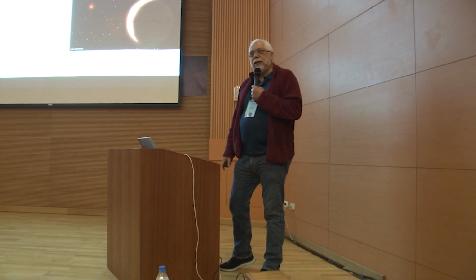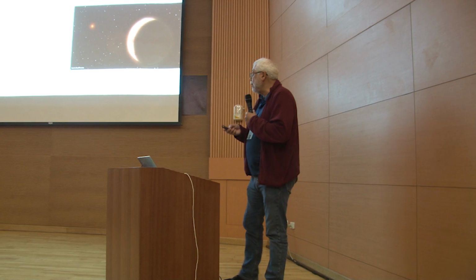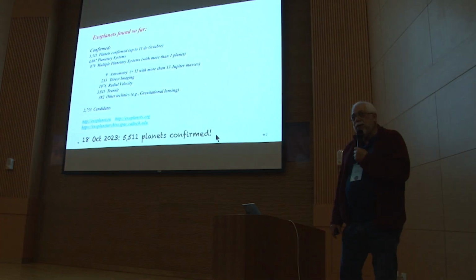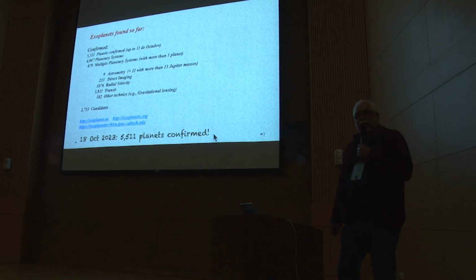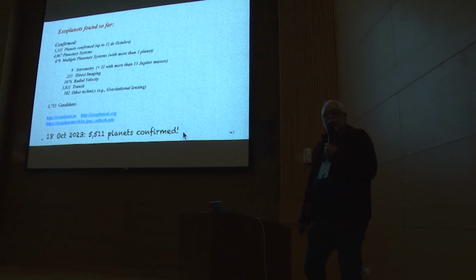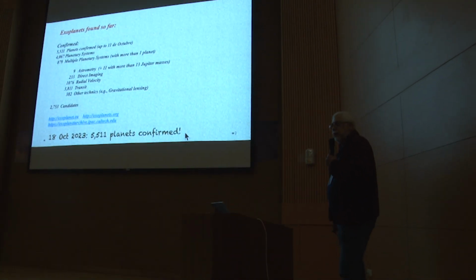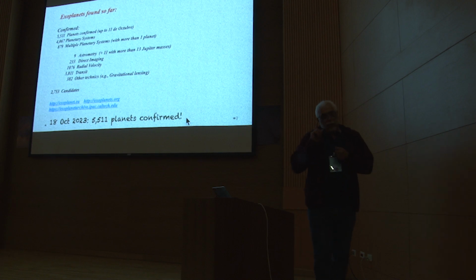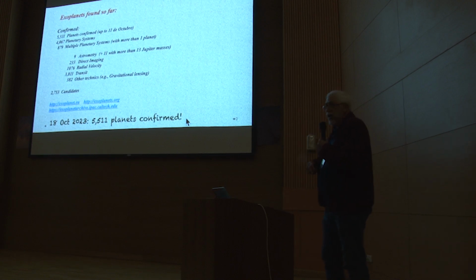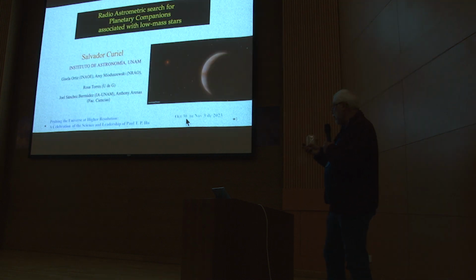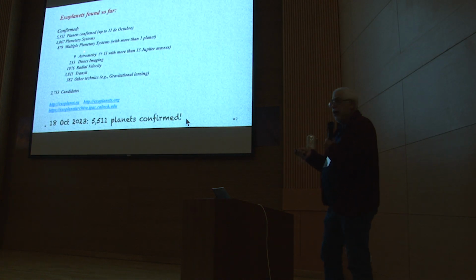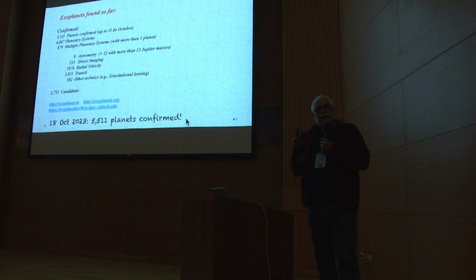So I started thinking how to search for exoplanets. And then, well, if you see, there are many planets already found. More than 5,000 planets have been found and confirmed. And there are close to 3,000 exoplanets found, not confirmed yet. But if you see how these planets have been found, there are three main methods to find them.